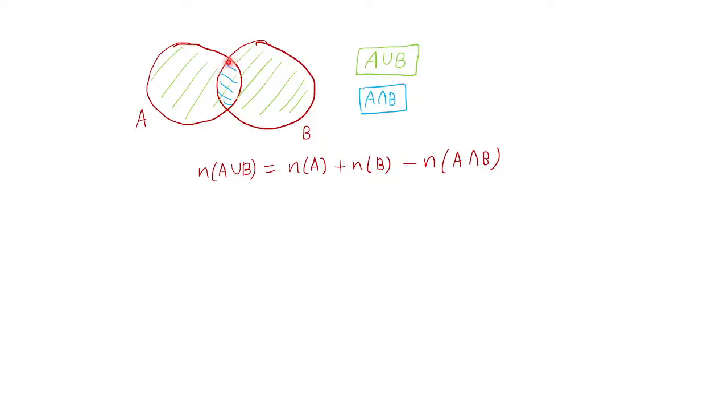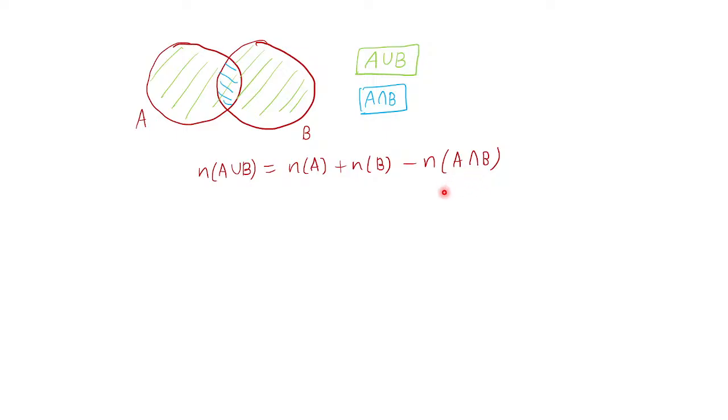Now, if you see carefully, this region has been counted twice. It should have been counted once, but it has been counted twice. It has been counted while counting the number of elements in set A, and also when we counted the number of elements in set B. So it has got counted twice, this A intersection B part. Ideally, it should have been counted once only. So we subtracted once.